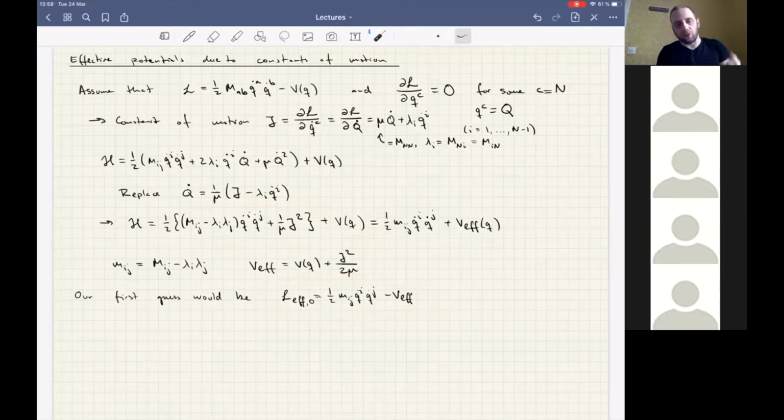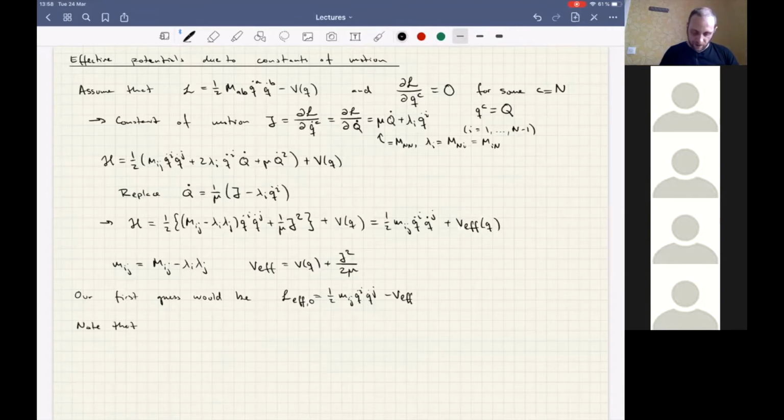But we also need to reproduce all of the other equations of motion that we have in our system. So the Hamiltonian being constant just replaces one of the equations of motion. We also need the other equations of motion to coincide with the equations of motion that we would get from the original system.